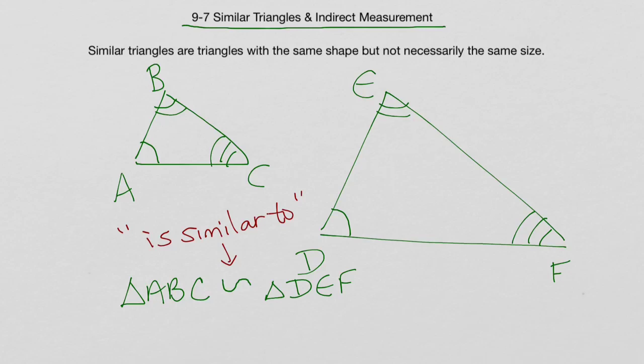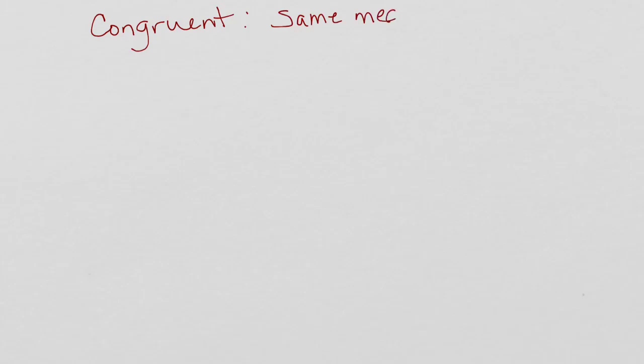And in similar triangles, corresponding angles are what we call congruent. I'm going to define what congruent means. Congruent in geometry is just another word for same measure. They're the same size.